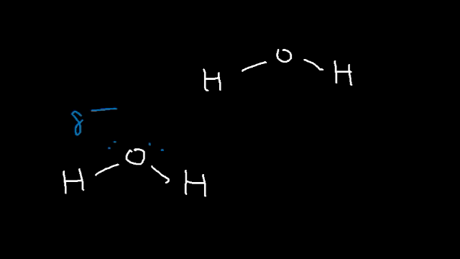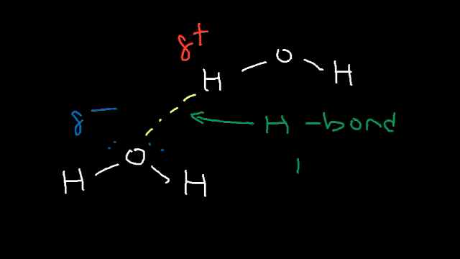Now, the hydrogen part of water has a partial positive charge. The interaction between the electronegative oxygen of one molecule with the hydrogen of another water molecule, that makes up the hydrogen bond. So the hydrogen bond is an intermolecular bond because it's between two molecules.